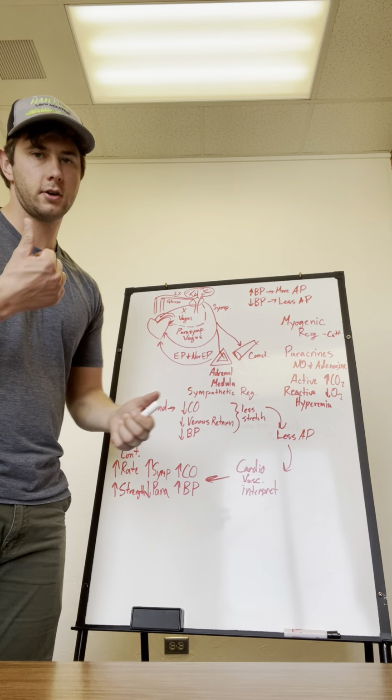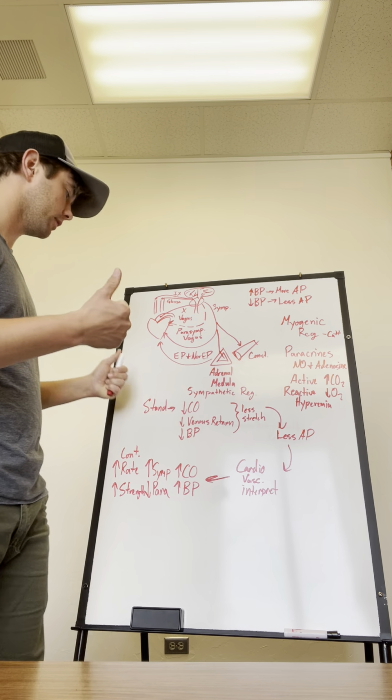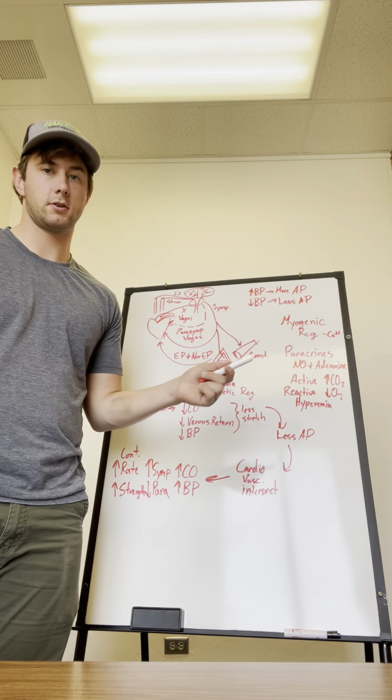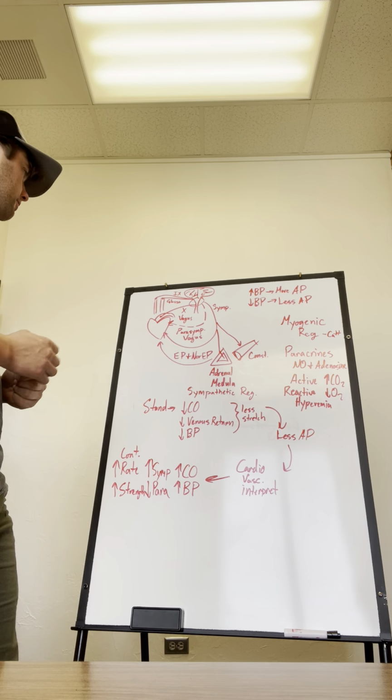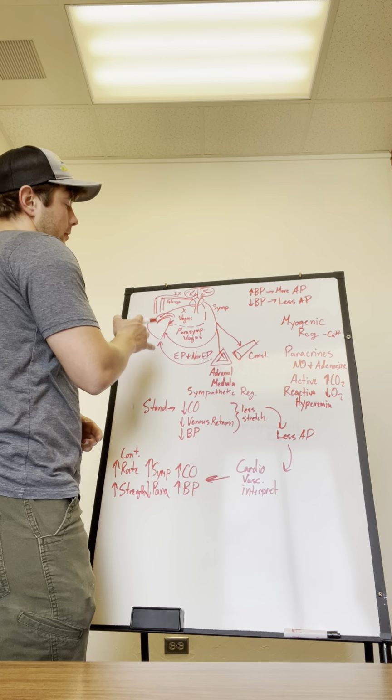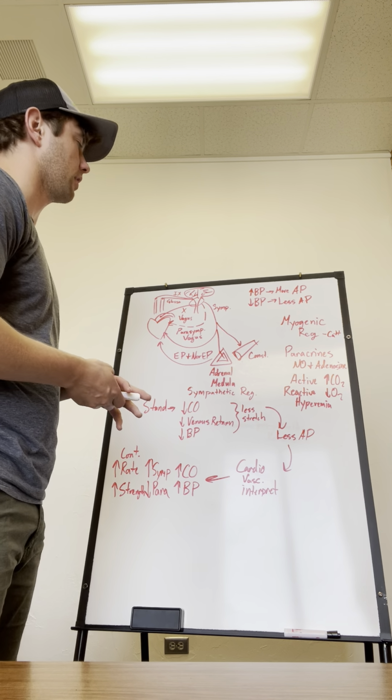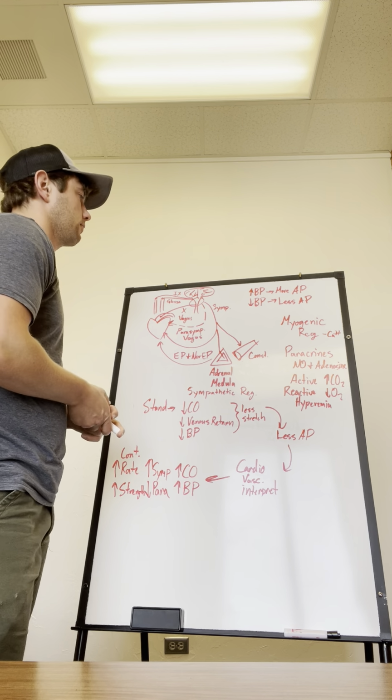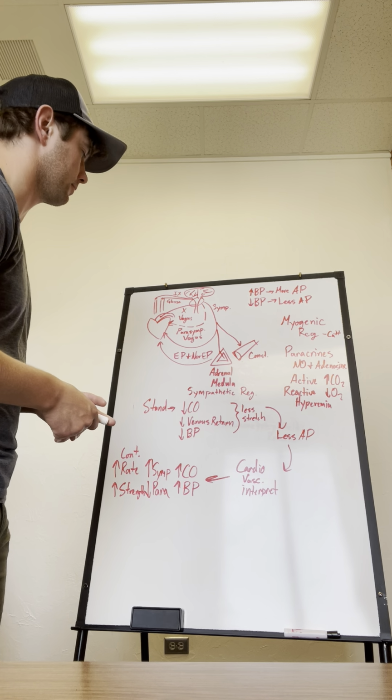So you're increasing cardiac output, venous return, and your blood pressure is going up, all because of the sympathetic. If we inhibit parasympathetic, then we're not slowing the heart down anymore, and we're going to be increasing blood pressure.